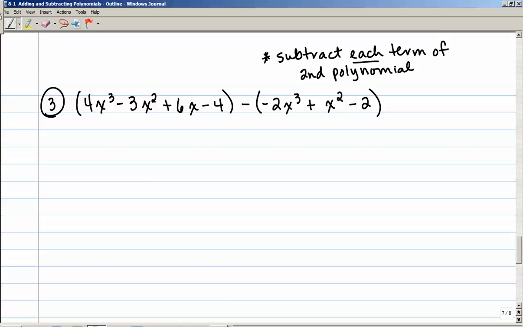Another way to think of this is to think of this minus as like a negative 1 that you have to distribute to each term in the second polynomial. And I kind of like doing that, so I'm going to rewrite this. My first polynomial stays the same.